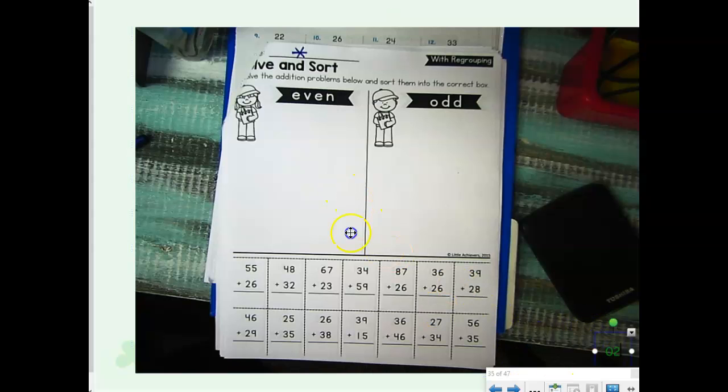So if you want to put it on your paper: 0, 2, 4, 6, or 8. If you have 0, 2, 4, 6, or 8 in the ones place, your number is what? Is even.